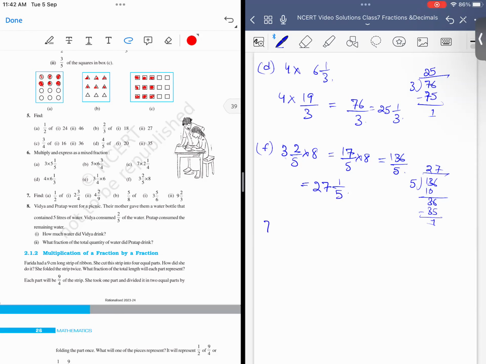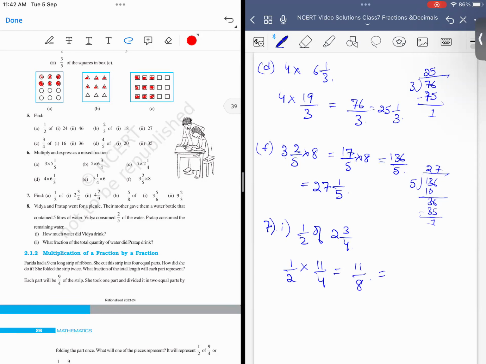So now coming to question 7. Find half of, first question, half of 2 whole 3 by 4. First of all, convert this mixed fraction to improper. So what is the improper form? It is 11 by 4. So multiply it, so 11 by 8. Now, if you want, you can convert it to mixed form also.